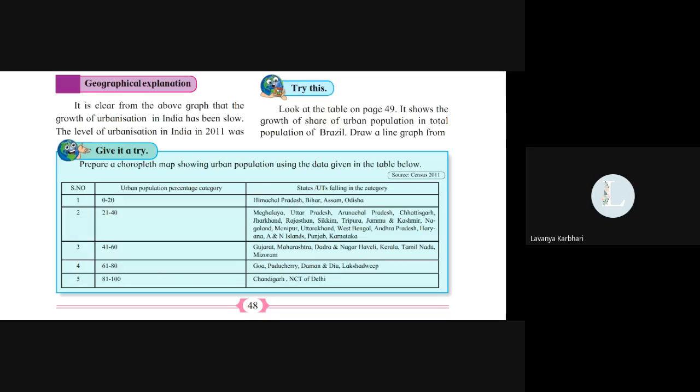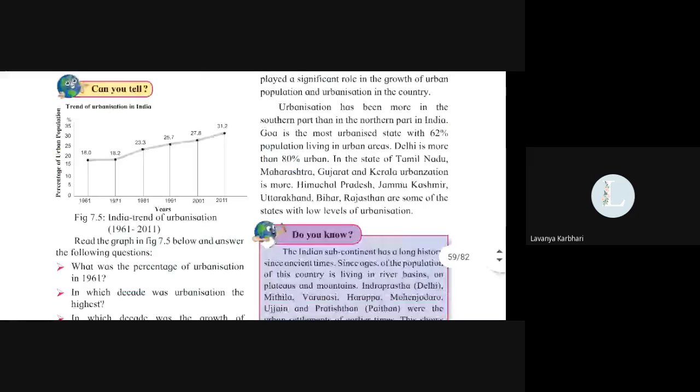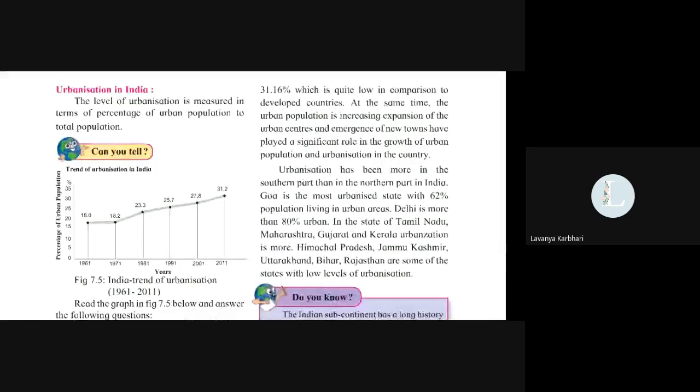The level of urbanization in India in 2011 was 31.16%, which is quite low in comparison to developed countries. If you compare India to developed countries, then this 31% is very low. What does it mean? Out of 100 people, only 31 people in India live in a city. And in developed countries, this percent is very high.